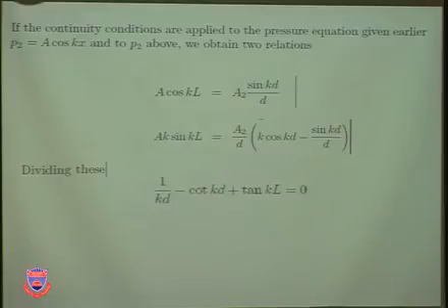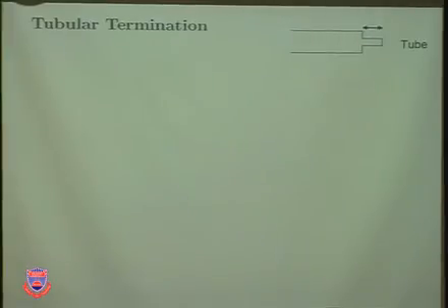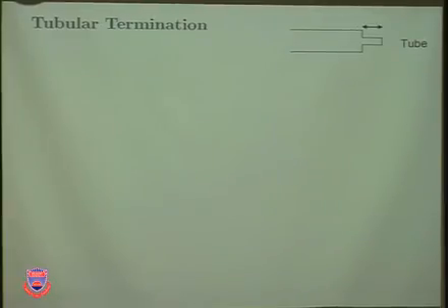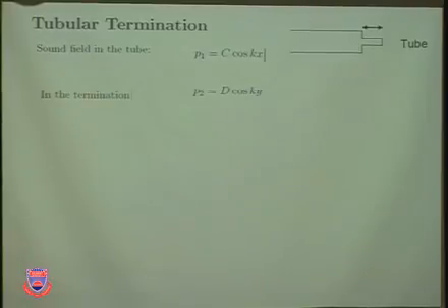Now, a simpler equation is the tubular termination. This you know what to do, right? It's a lot simpler. One writes the sound field in the tube as cosine, and in the termination also it's a cosine field.